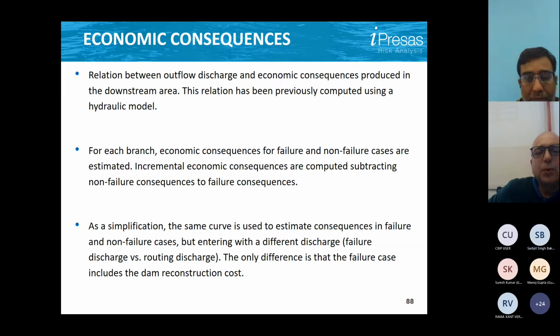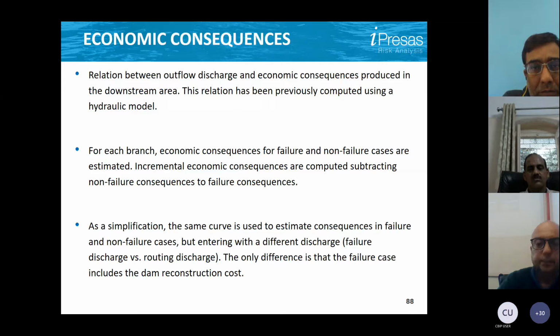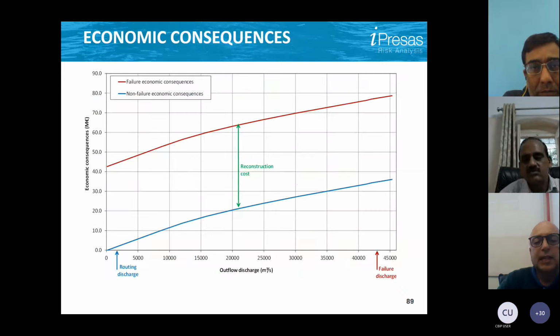So economic consequences, you don't worry about this. Somebody has computed, in terms of peak discharge, and if the dam fails, it also computes the cost of reconstruction. It looks like this.